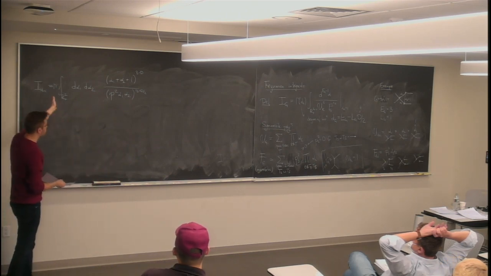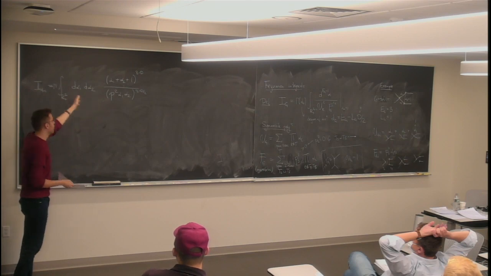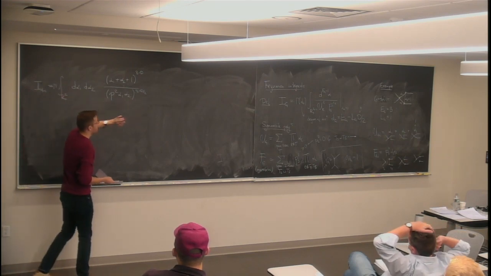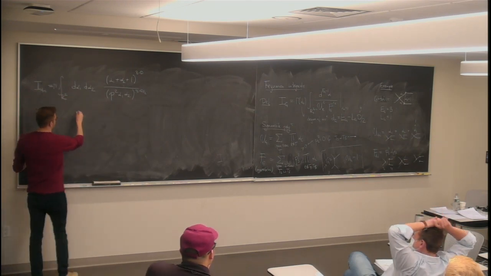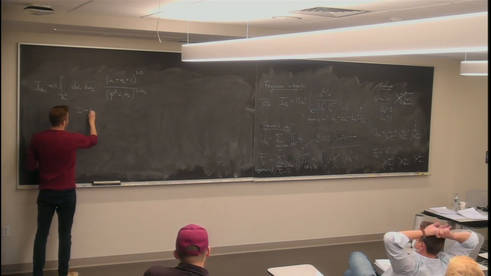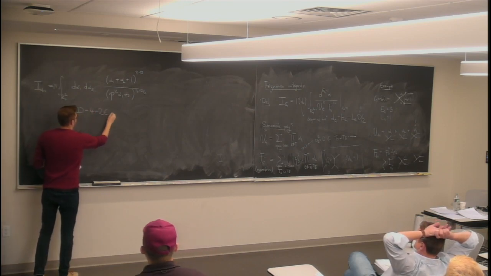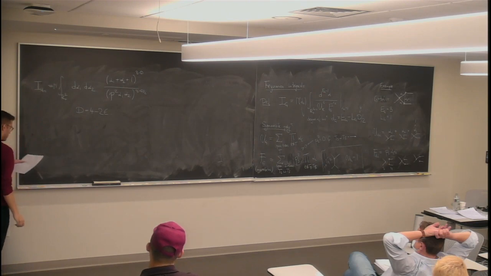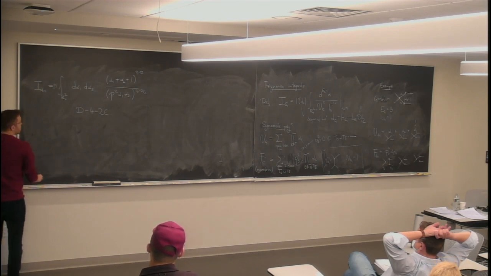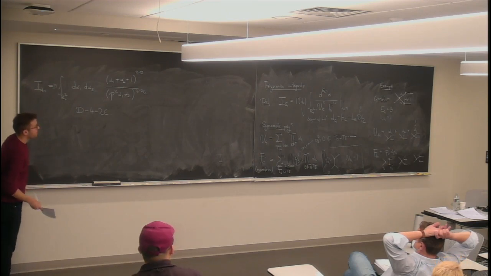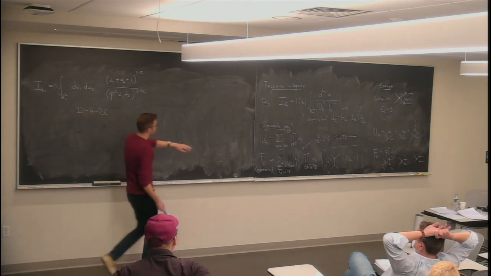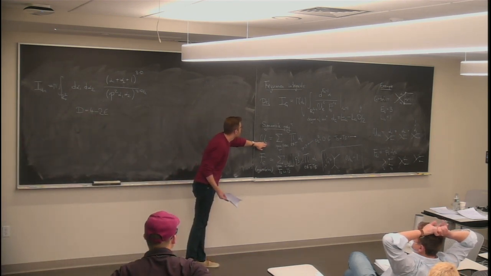Okay, so this means that the toy model that we've been studying from the beginning was an example of a Feynman integral, and now we know how to compute the value of this Feynman integral when epsilon equals 0. Epsilon was related to the space-time dimension by this relation.